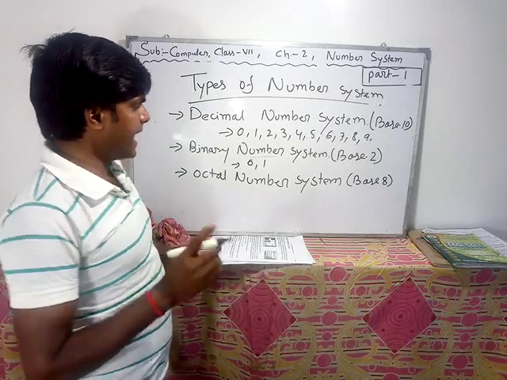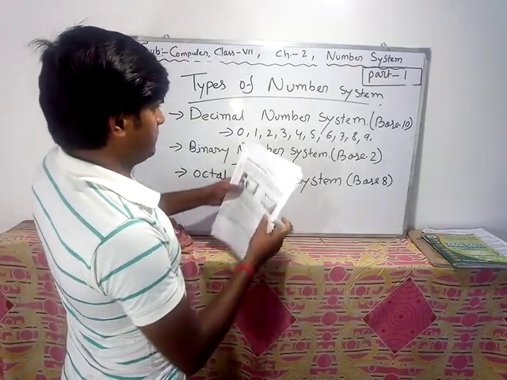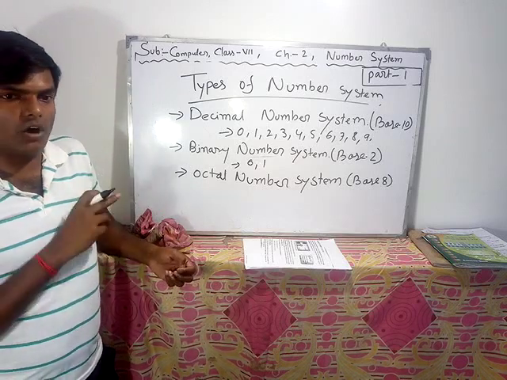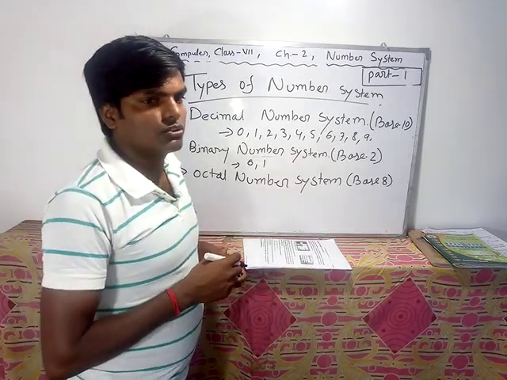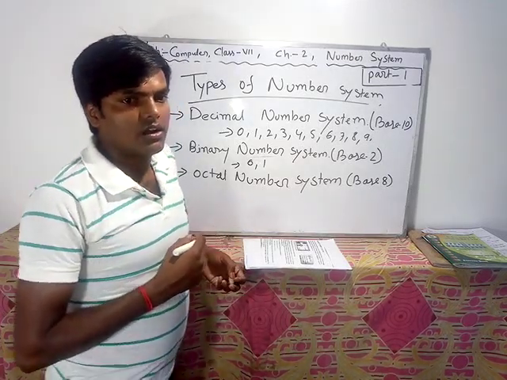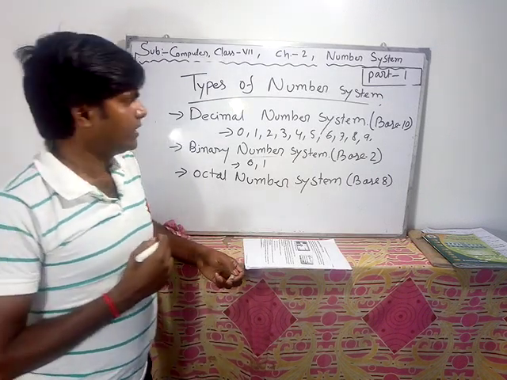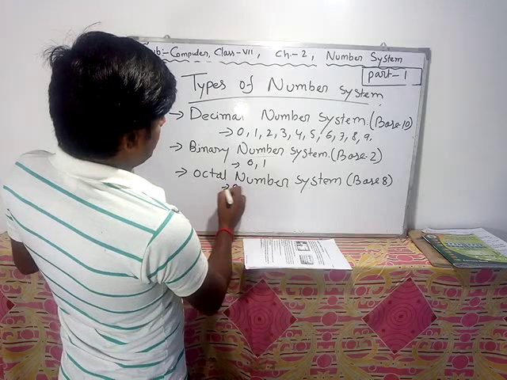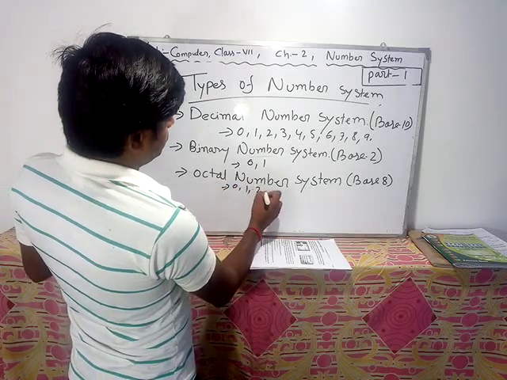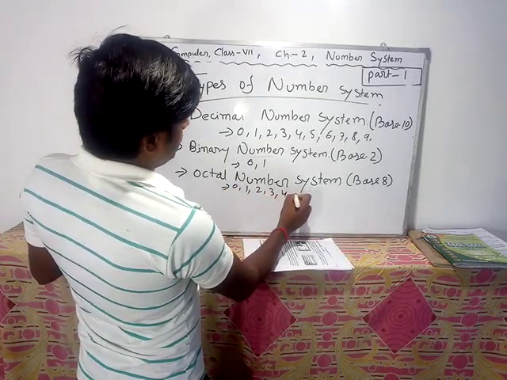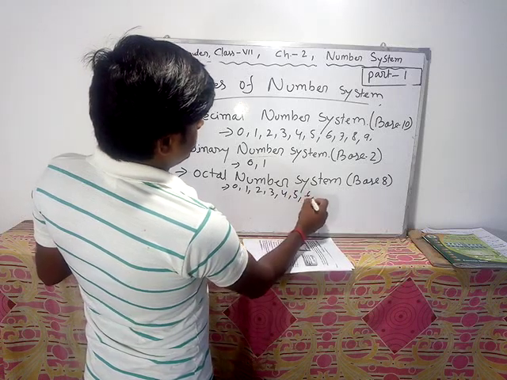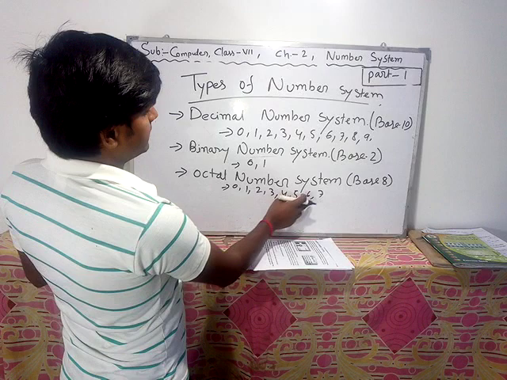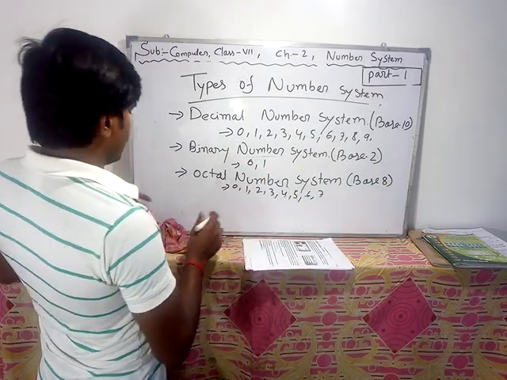It has 8 digits: 0, 1, 2, 3, 4, 5, 6, 7.